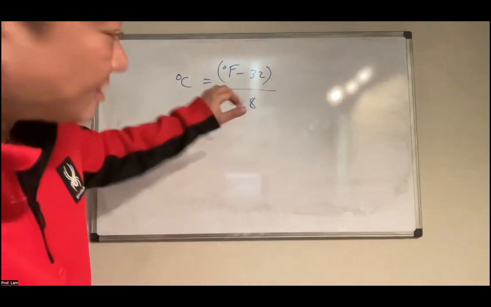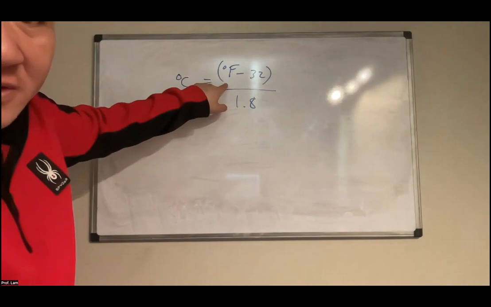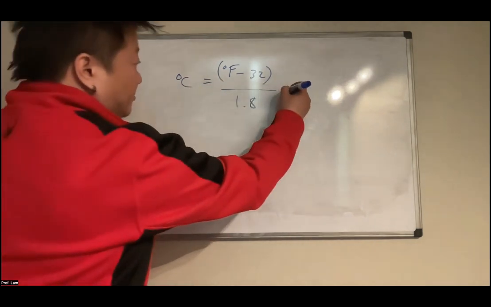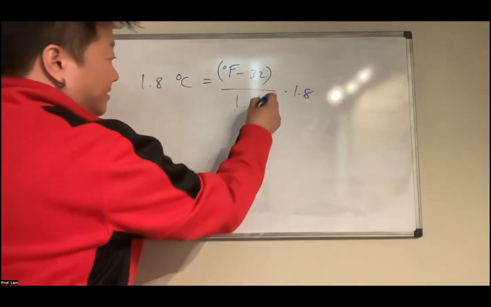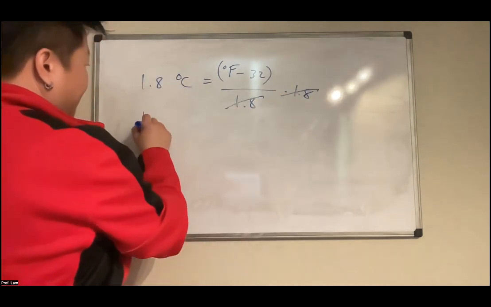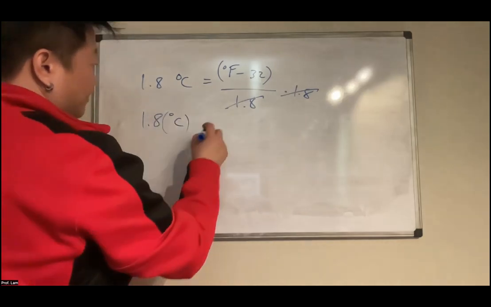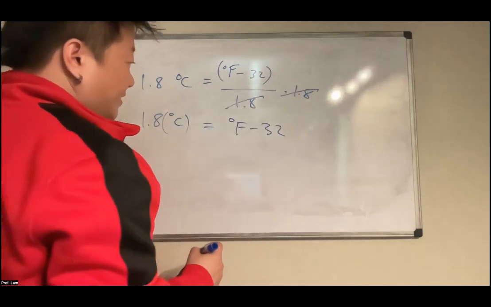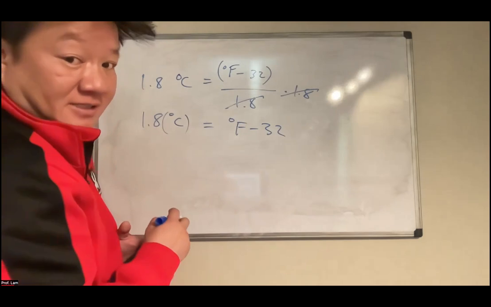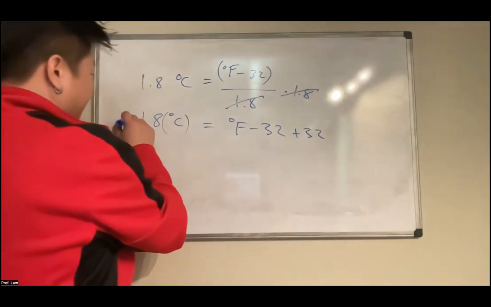So if you want to change this and solve for Fahrenheit, then you need to multiply by 1.8 on each side, okay? So that'll cross this out, you get 1.8 times Celsius is equal to Fahrenheit minus 32. Now, if you want to get Fahrenheit by itself, you need to add 32 to each side.